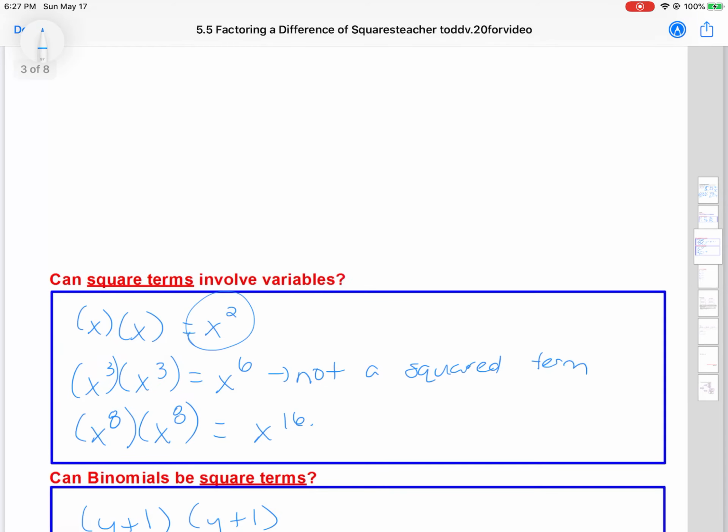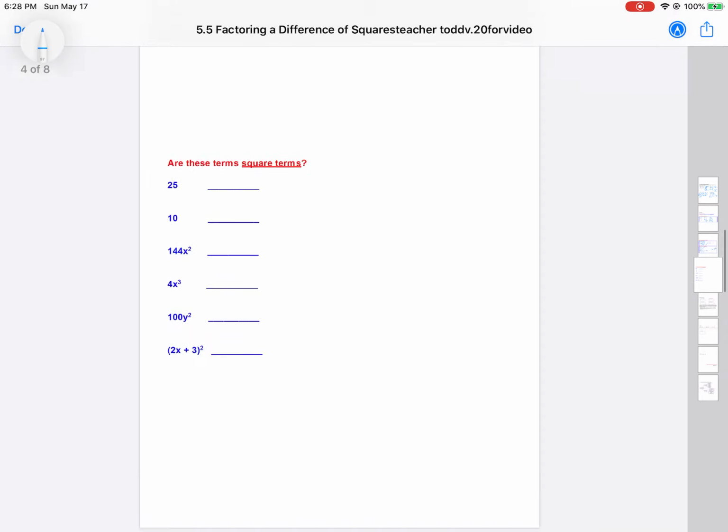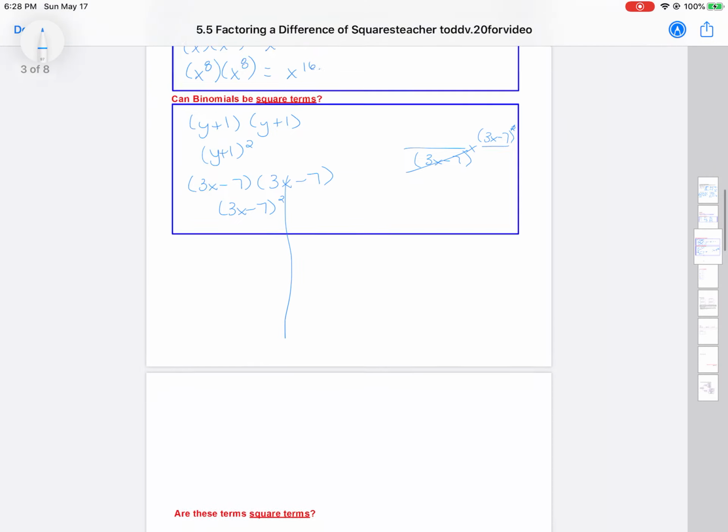So yes, they can be squares, and this kind of thing will be important in science as well, or next year if you take grade 11, when you multiply binomials like this, you'll cancel the bottom and take away one of the tops, so square rooting basically. But that's next year, so you don't even have to write that down.